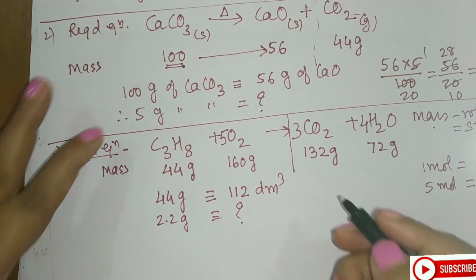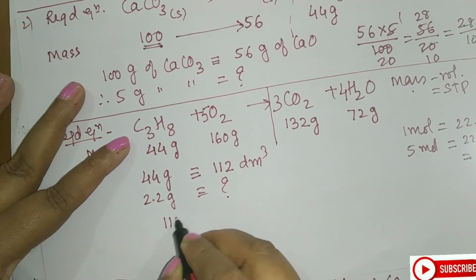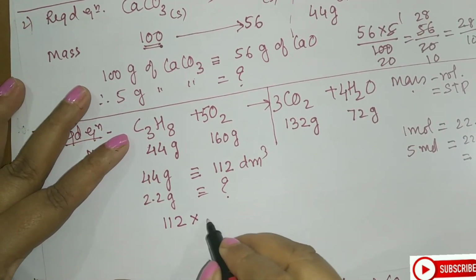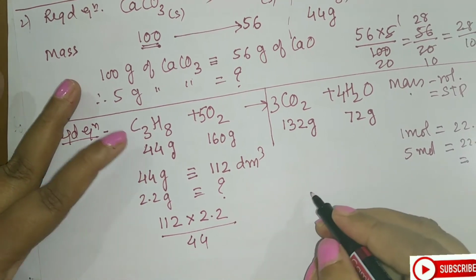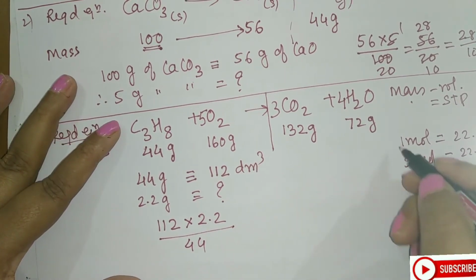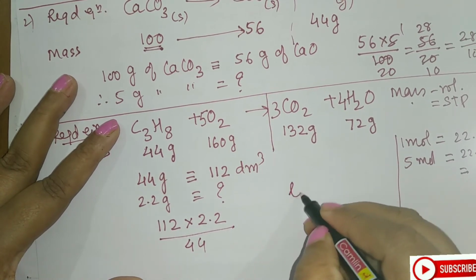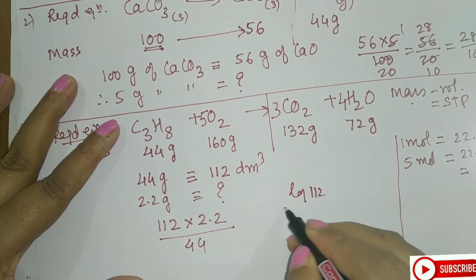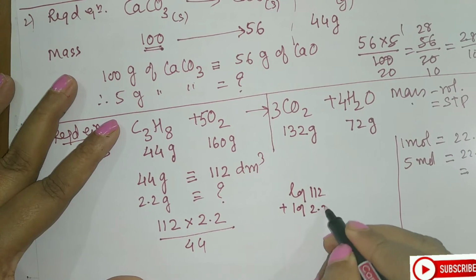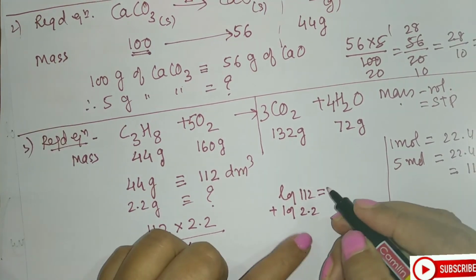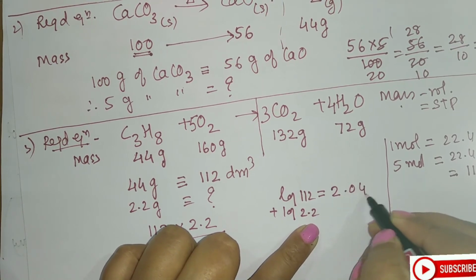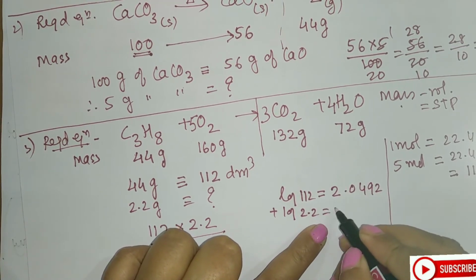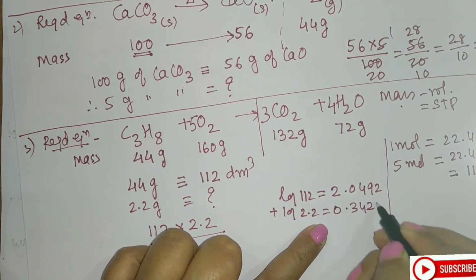Again go for cross multiplication. It will be 112 into 2.2 divided by 44. Let us go by log now. I can do here log of 112 plus log of 2.2. How much is the log of this? 2.0492, and this will be 0.3424.